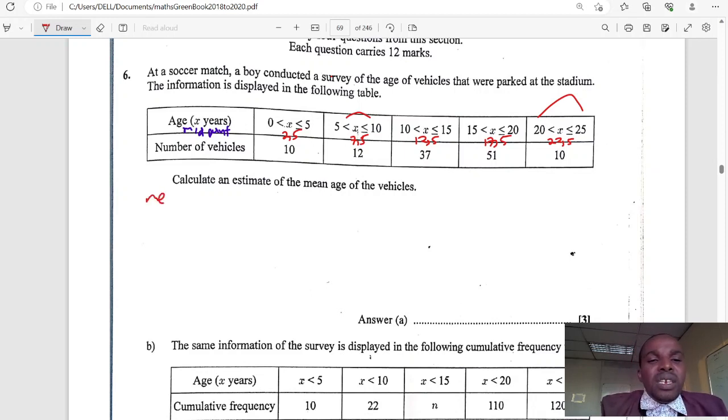Then the mean: you say total of the values, which is the value of x times its frequency, over total frequency. x will represent the midpoint.